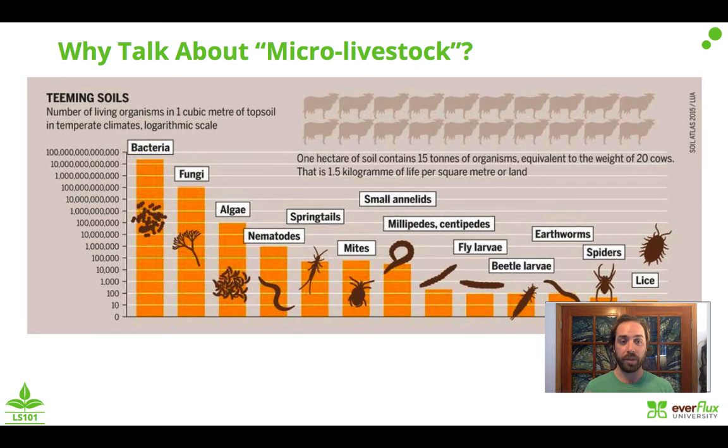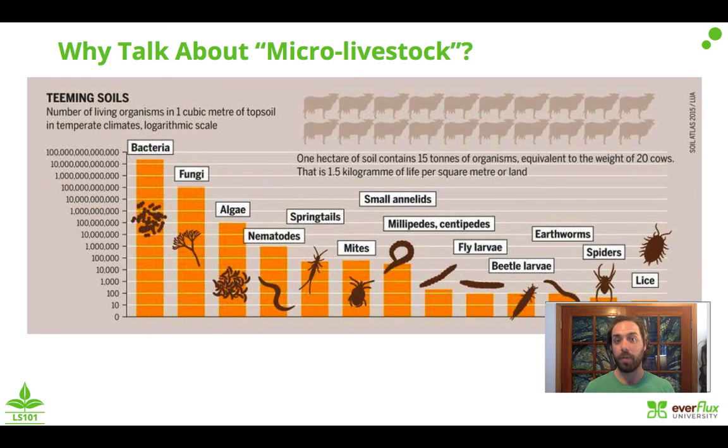Now we can see from the scale here that actually bacteria and fungi, even though they're the smallest, have the biggest mass. But then following right behind them we have nematodes, which are sometimes big enough to see, but then we get into the visible, what we call the micro livestock: springtails, other mites, millipedes, centipedes, fly larvae, beetles, earthworms, spiders.